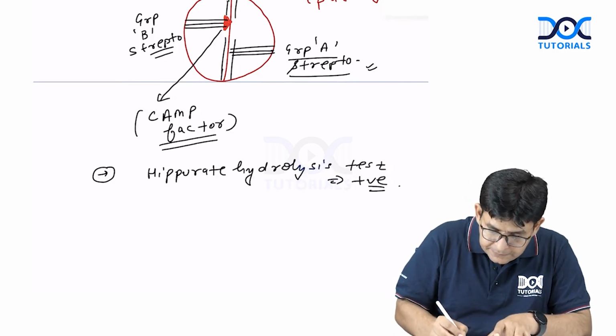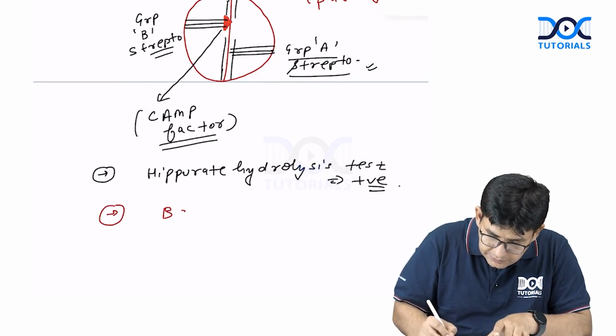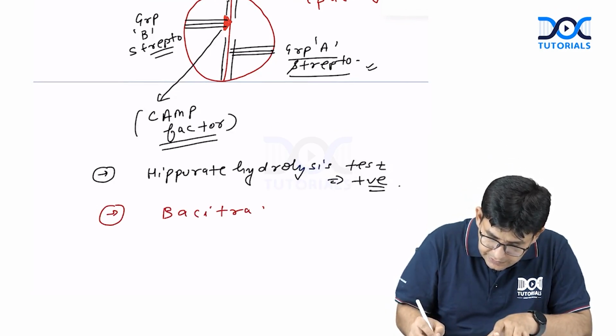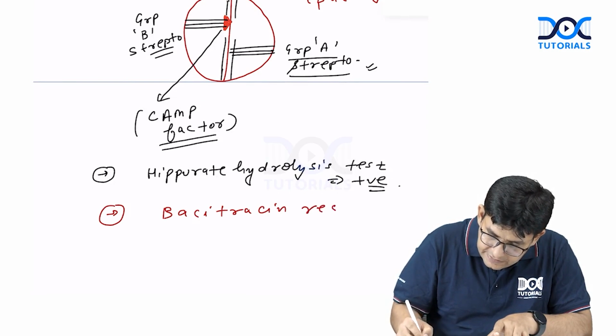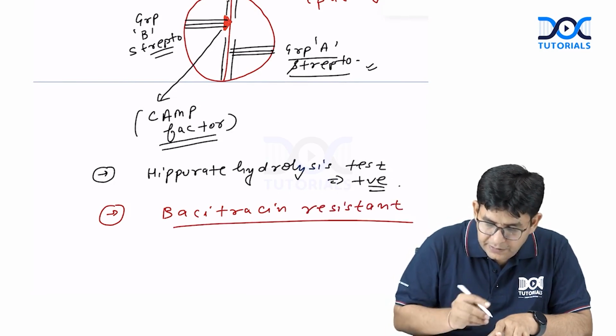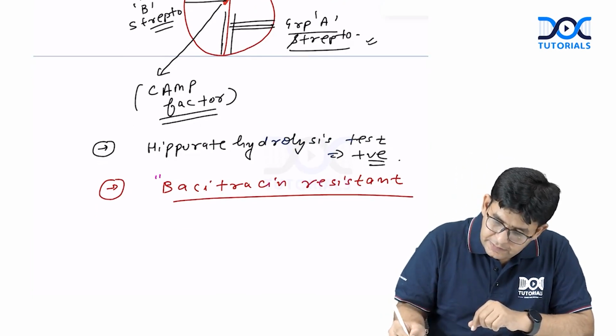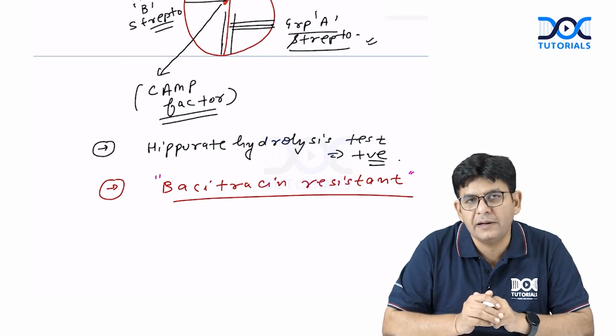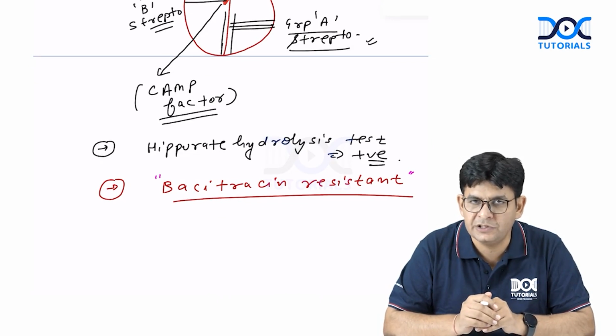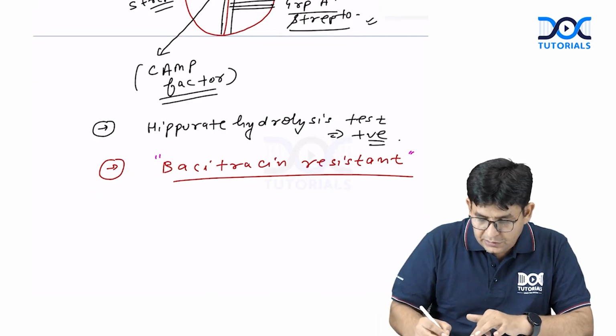And as you have seen, in the starting only I have told you that this one is found to be bacitracin resistant. The bacitracin does not act upon Streptococcus agalactiae.